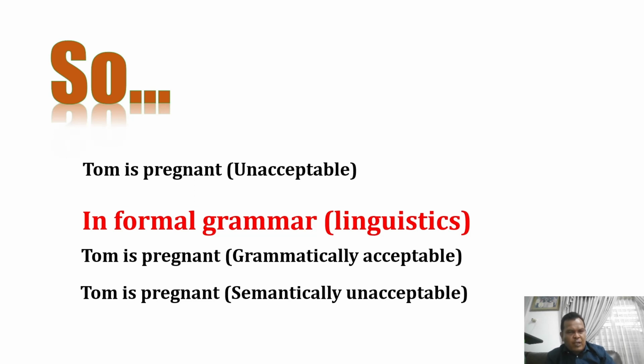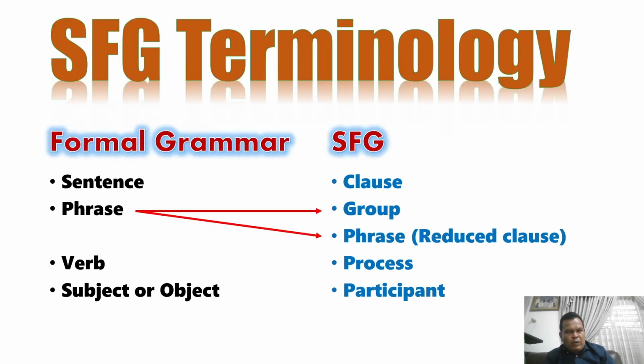Now, when we want to use SFG, we have to know the terminology used in SFG because some terms are used for different purposes in SFG. Now, let's compare. In formal grammar, of course, we know the term sentence.